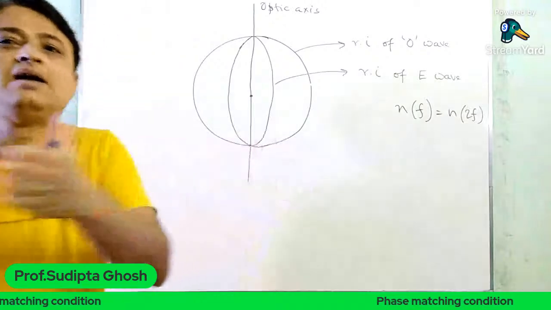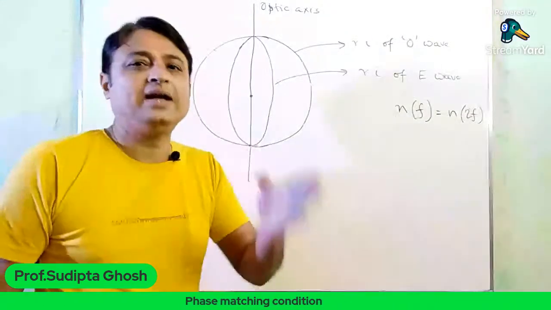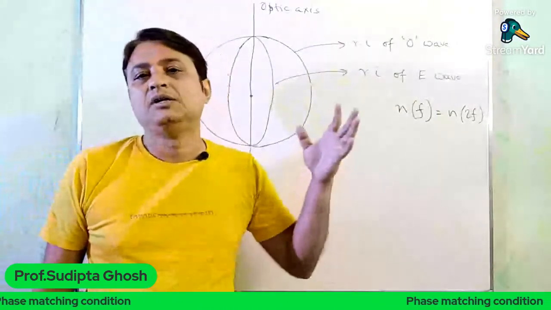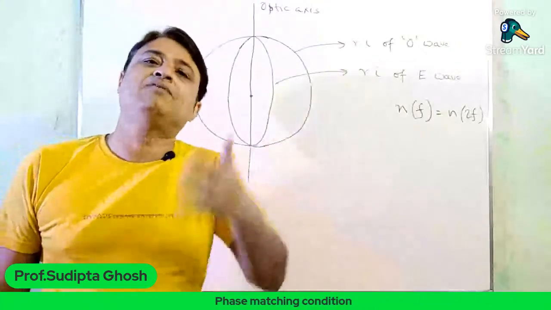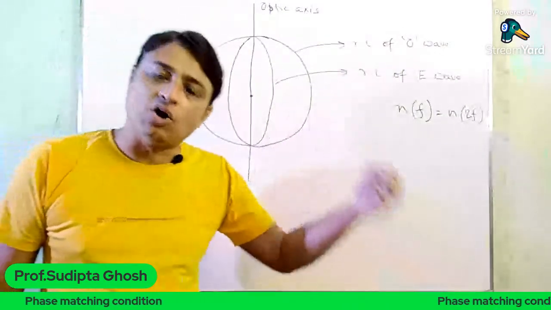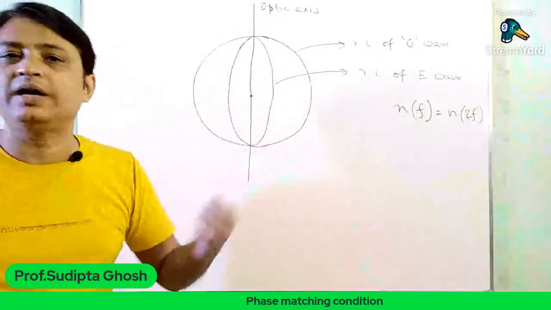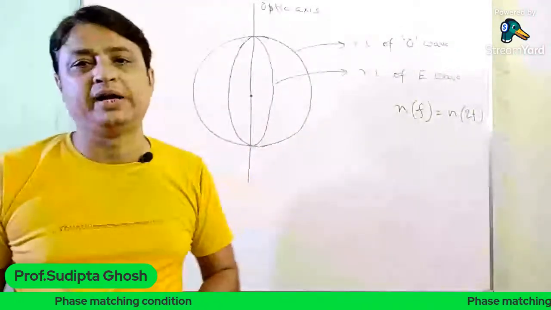Now after passing through the non-linear material, when it emerges outside the material, we have the second harmonic wave. Now this second harmonic wave also has two components, one for the ordinary wave and the other for the extraordinary wave. So now consider there are four components.